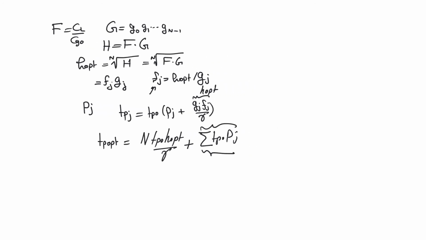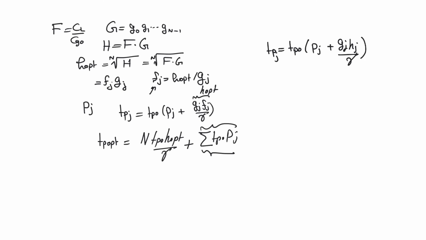At this point, it's important to notice that there is an alternative terminology that is sometimes used when dealing with gate delays. So sometimes gate delay is expressed as Tp0 into Pj plus Gj times Hj over gamma.